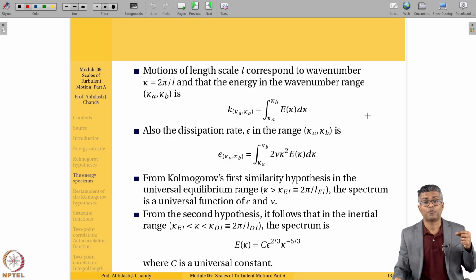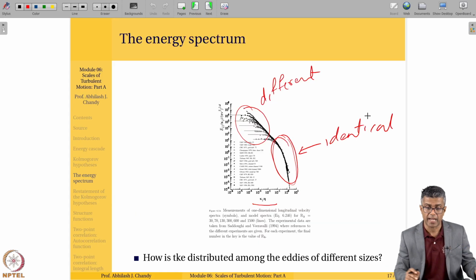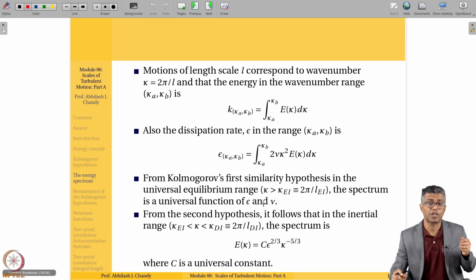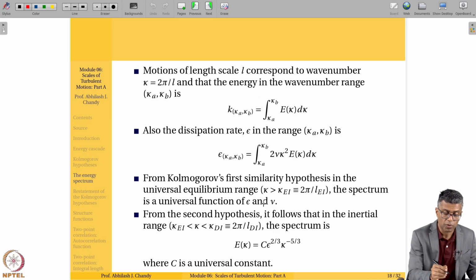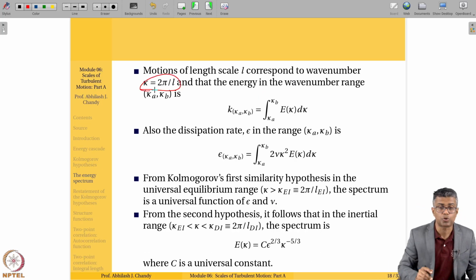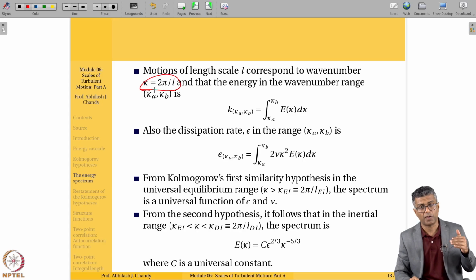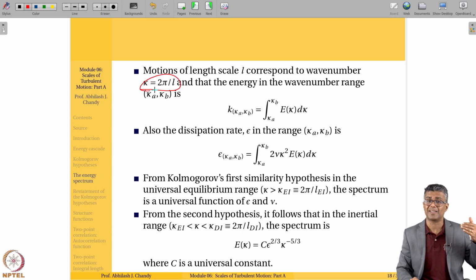Think in terms of wave numbers, which is what the x-axis contained. So let's say the wave number is 2 pi over L. That's how the wave number is defined. The important thing is it is the inverse of the length scale.